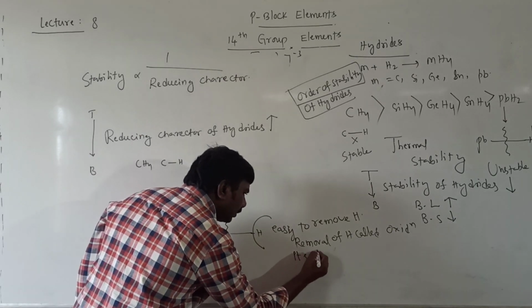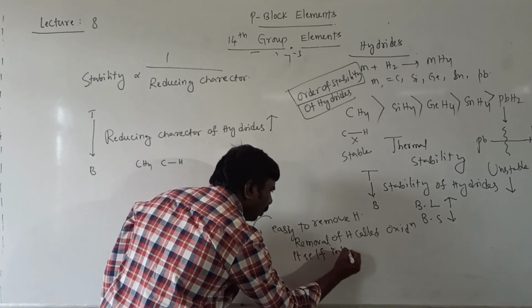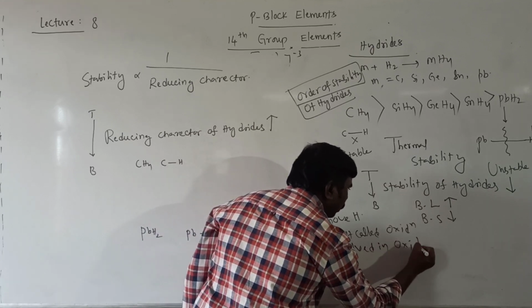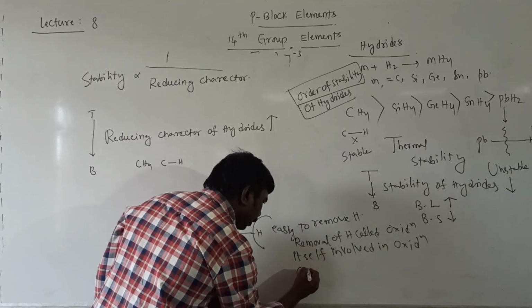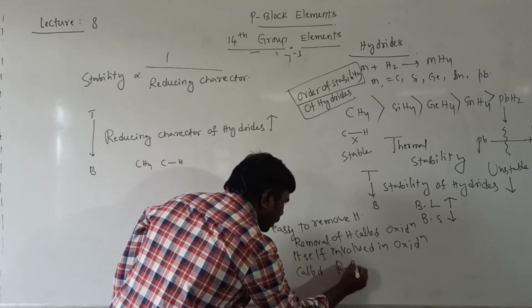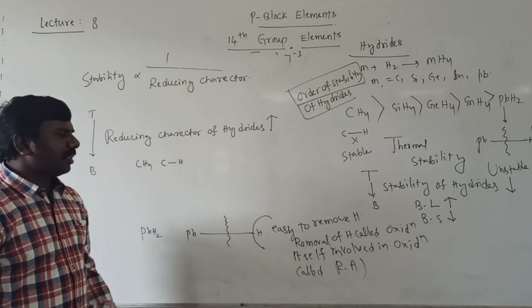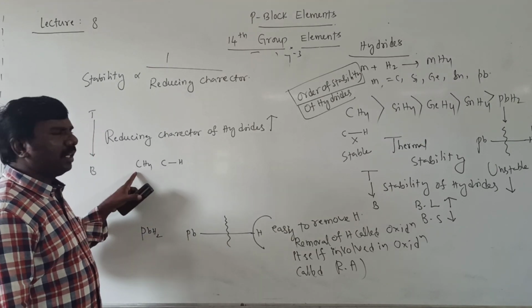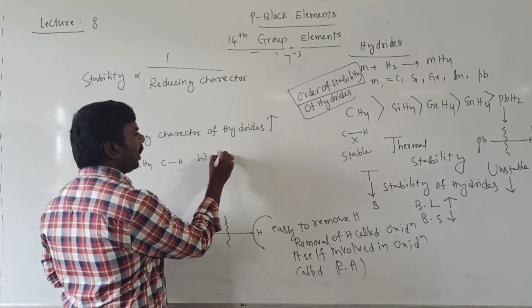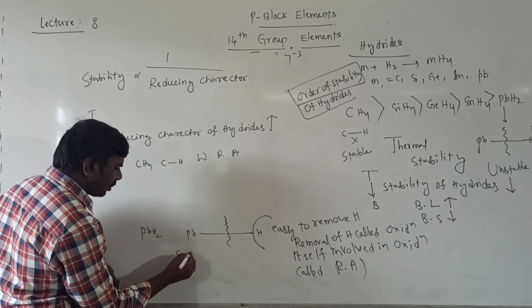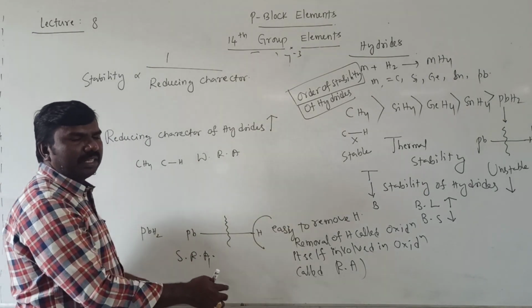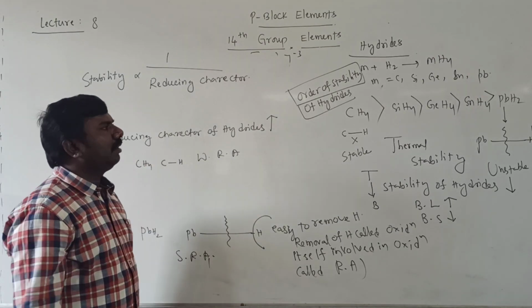Itself involved in oxidation is called a reducing agent. It means reducing character. It is a strong reducing agent, it is a weak reducing agent. That's why top to bottom reducing strength will be increased, reducing character will be increased.